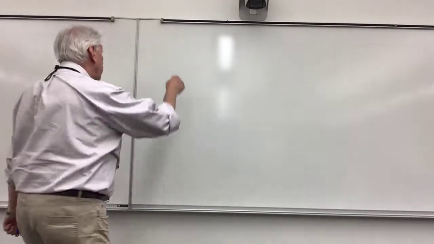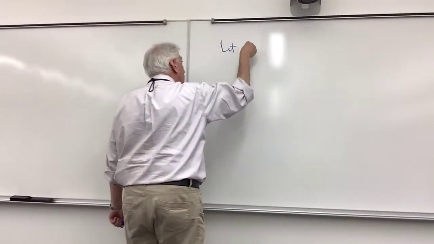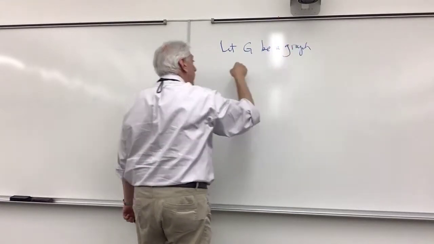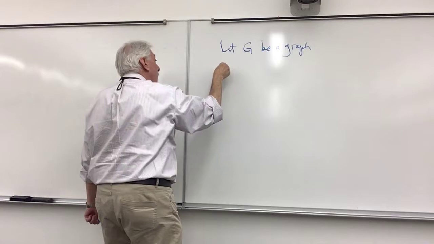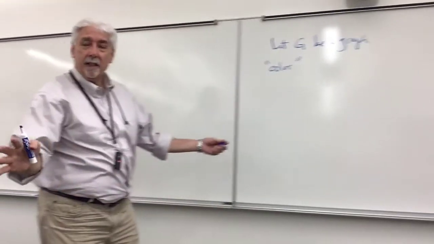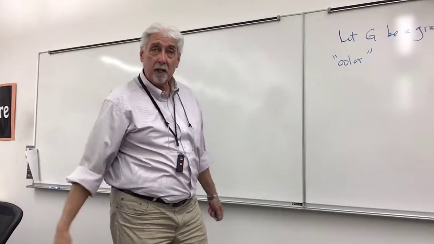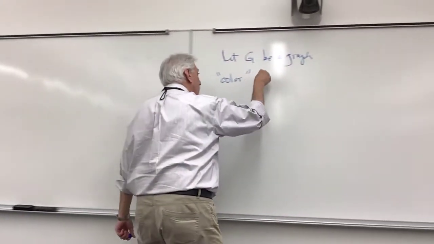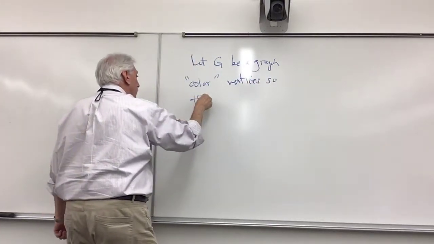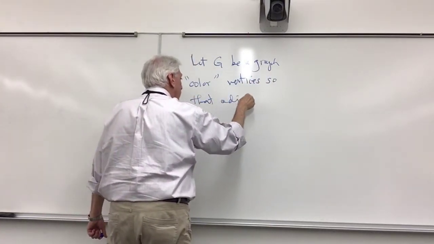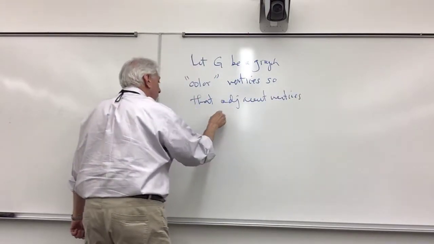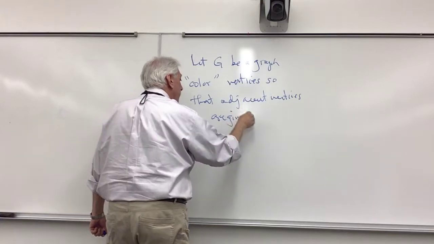So I'm going to take a graph G. You're not really going to color it, but we're going to imagine that we assign colors to vertices so that adjacent vertices are given different colors.